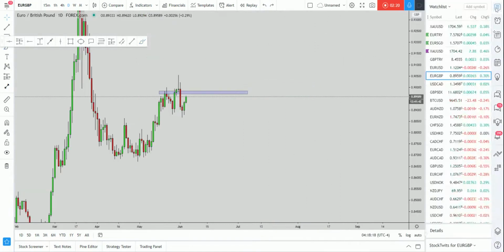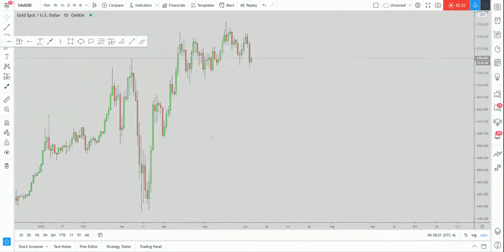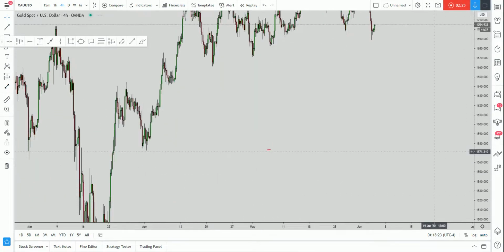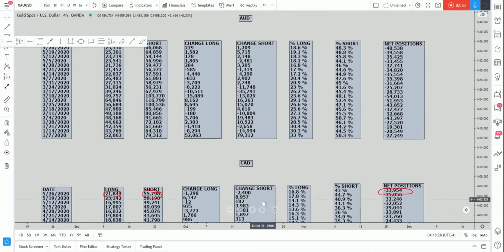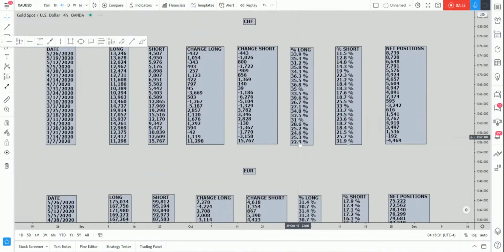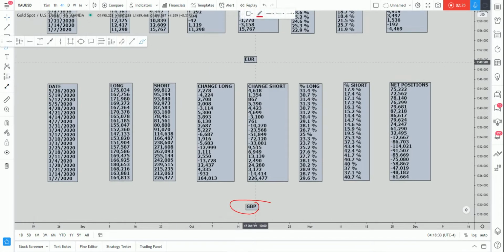Now let's go and see what kind of situation we have from a COT point of view. So what hedge funds are doing at the moment on the euro and what hedge funds are doing at the moment from a GBP perspective. Let's start from the euro. If we look at the data for the euro, we can quickly see that hedge funds have shifted their positions from having minus 114k net positions to having plus 75k net positions, meaning that we went from having more shorts than longs to having more longs than shorts.